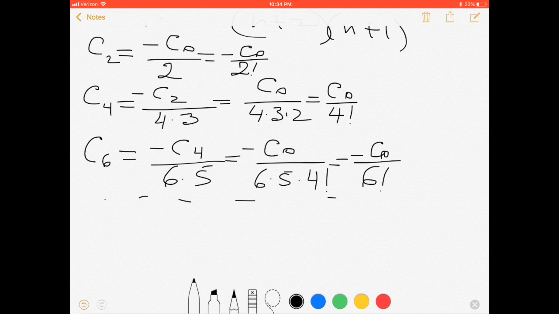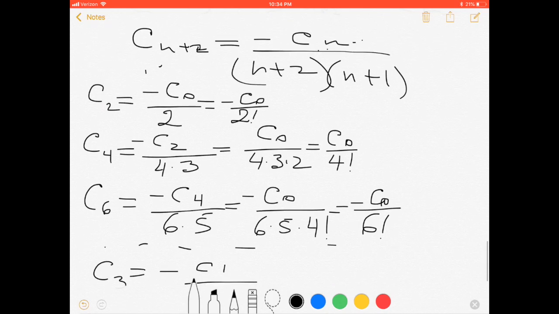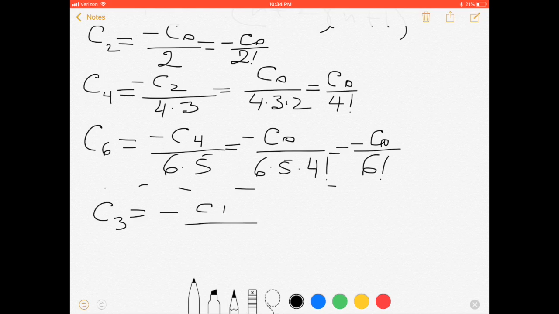Okay, let's go. We find odd coefficient C3, it will be minus C1 divided by... coefficient is 1, this means 1 plus 2. Index is 1, this means 1 plus 2 is 3, 1 plus 1 is 2, this means here we have 3 times 2, it will be minus C1 over 3 factorial.